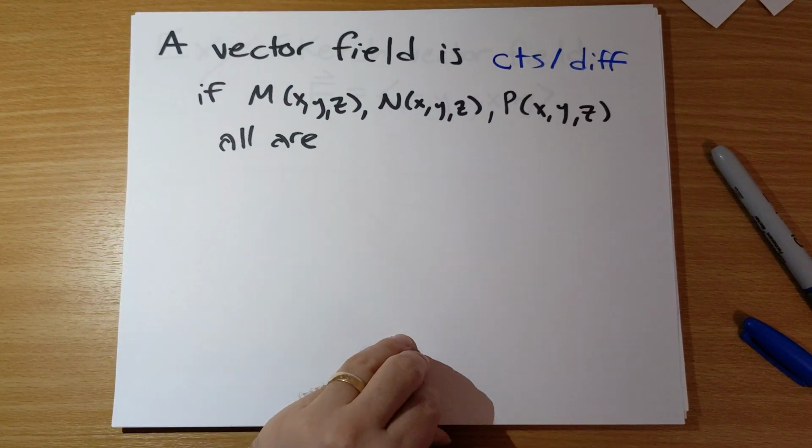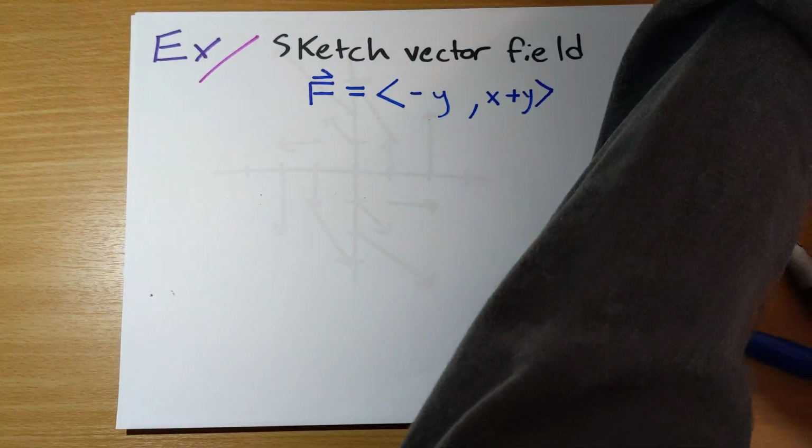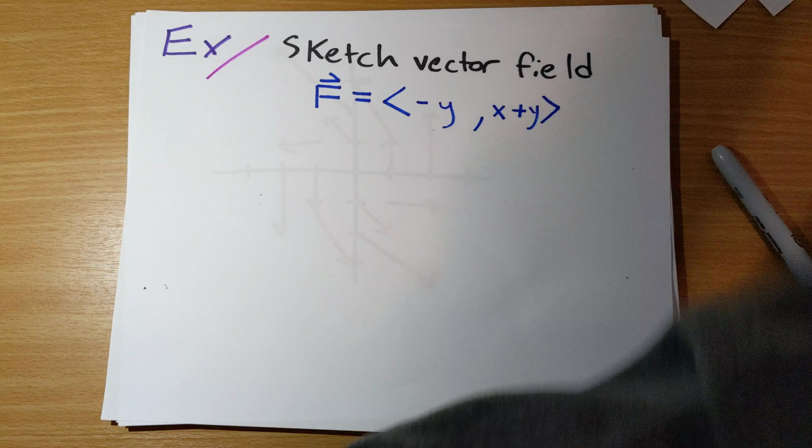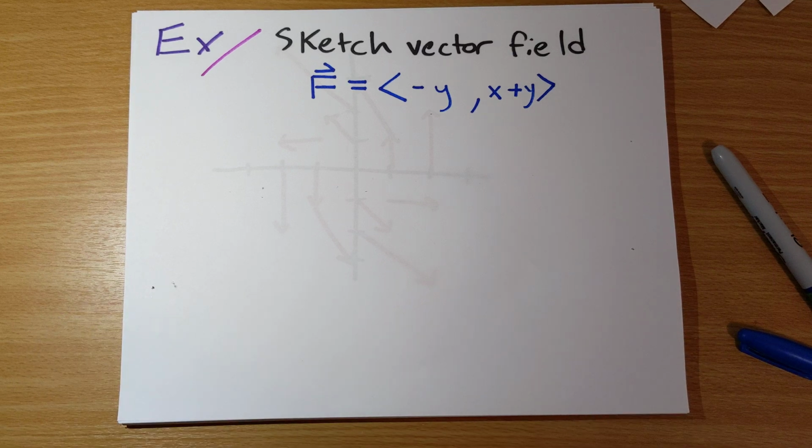Okay, let's draw a picture here. One powerful thing about vector fields is that we should think about what their pictures look like and what their pictures tell us. So sketch the vector field. This is going to be a vector field on the plane. F is equal to -y, comma, x plus y. And so how do we go about doing this?